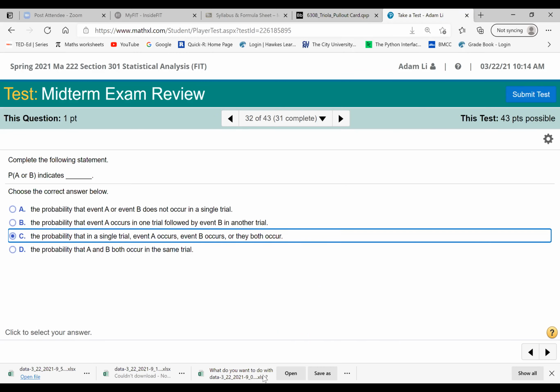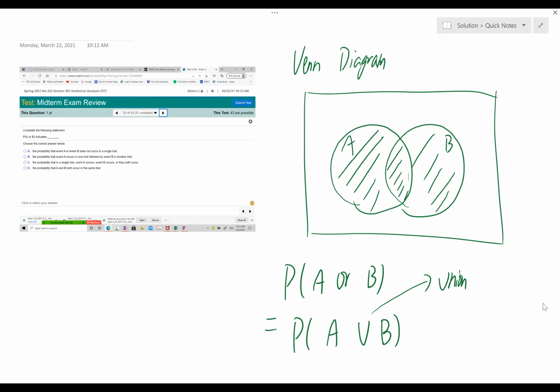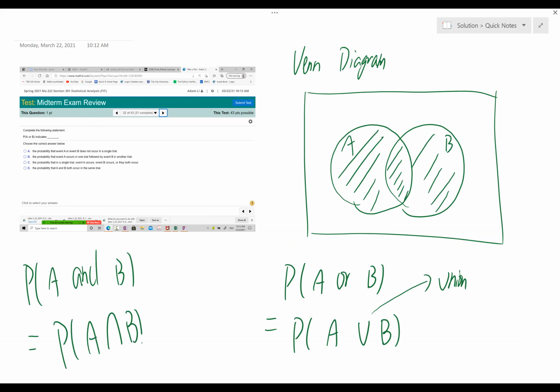Also, we have another notation called A intersect B, or A and B, whose probability is totally different. A and B indicates just the probability of A intersect B, meaning just this intersection section right here.